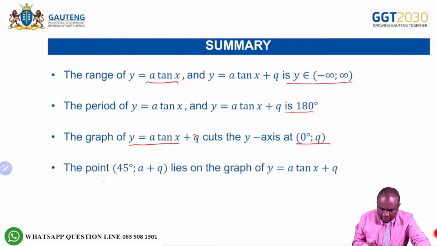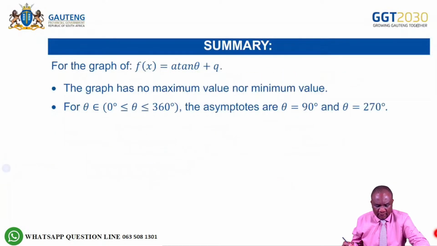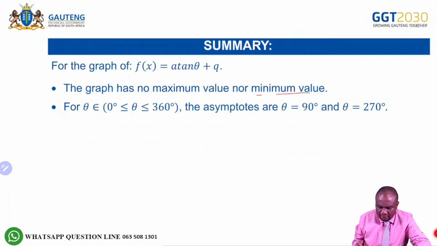Right, the point 45 degrees and a plus q lies on the graph of y is equal to a tan x plus q. Okay, you can generalize it like this. Please write it down, you can use it later. And then the graph has no maximum value, no minimum value.